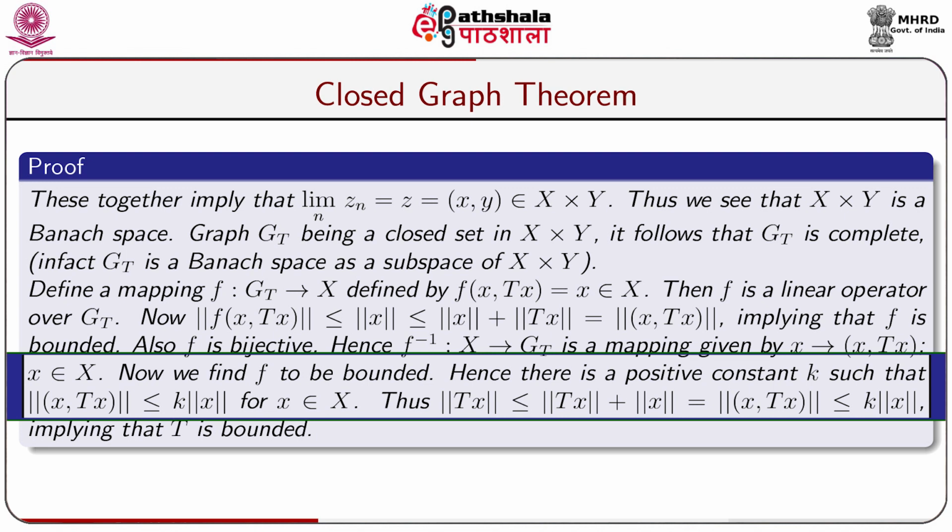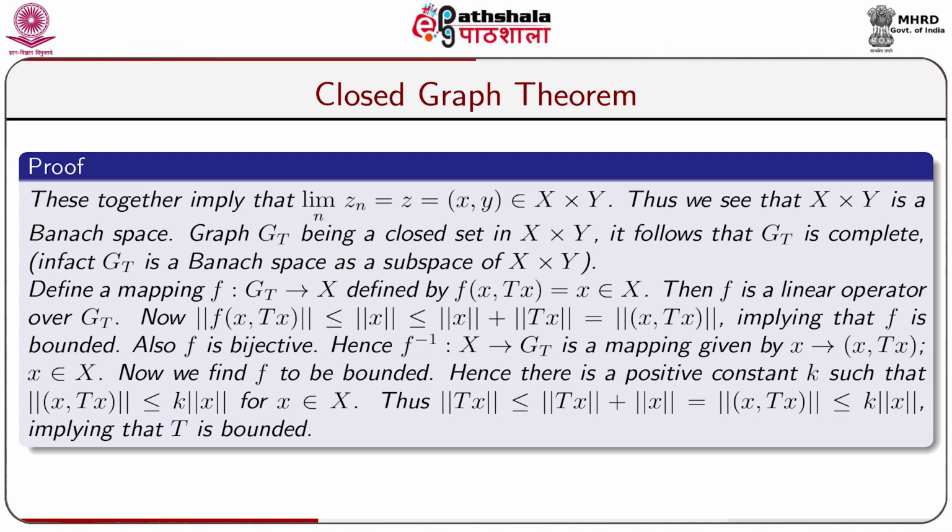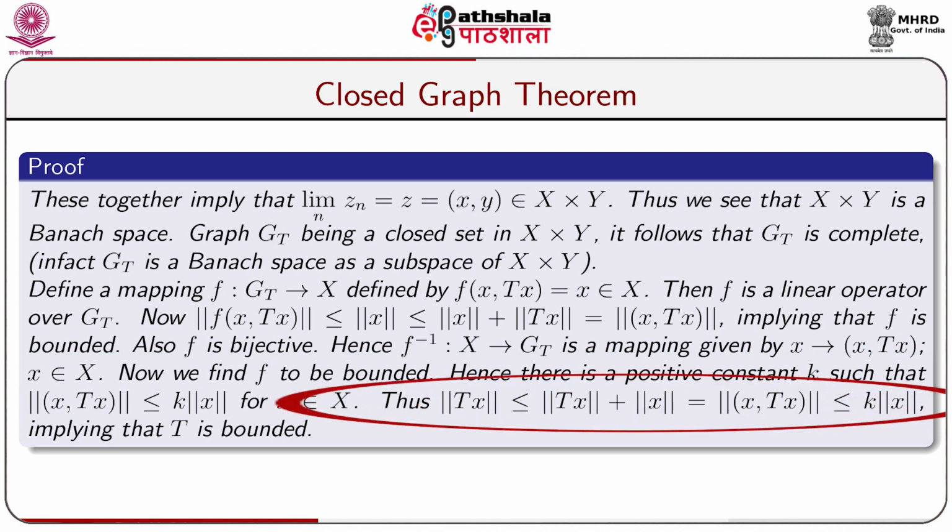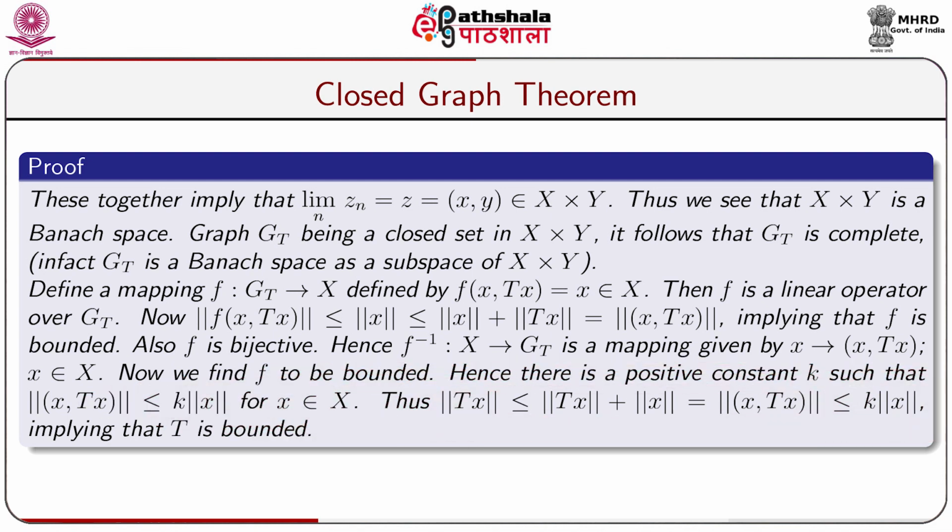Hence, there is a positive constant k such that the norm of the pair (x, Tx) is less than or equal to k times the norm of x, for x belonging to capital X. Thus, the norm of Tx is less than or equal to norm of Tx plus norm of x, as norm of x is always positive, and which is again equal to the norm of (x, Tx), which is less than or equal to k times the norm of x, implying that T is bounded.